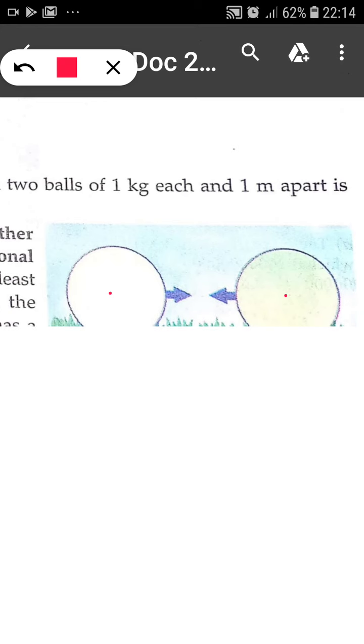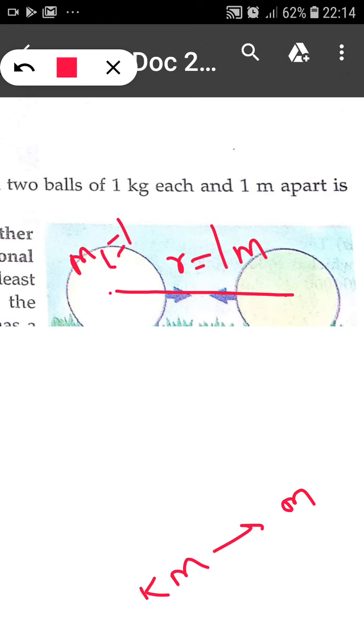If this is the center of the body, then the distance between the two centers is r, which equals 1 meter, and the distance should be in meters. If it is given in kilometers, just convert it into meters. So the r value is given, and the masses of both objects are the same: m1 is 1 kg, and m2 is also 1 kg.